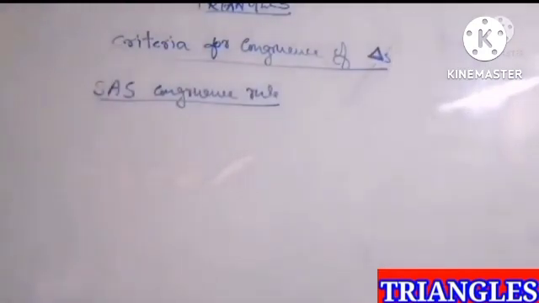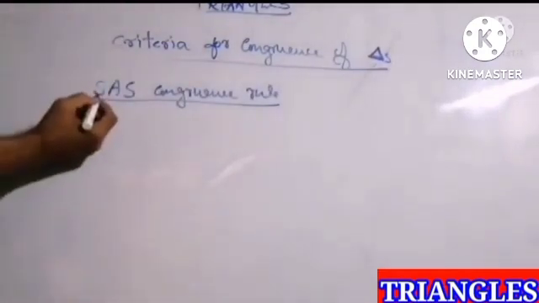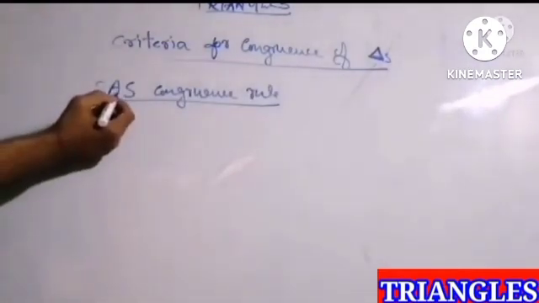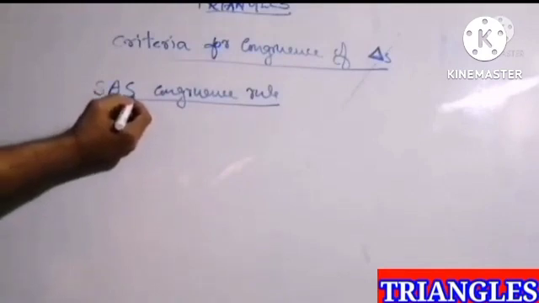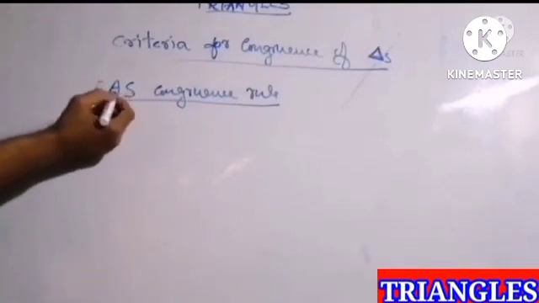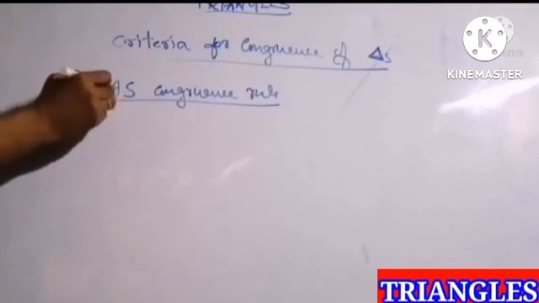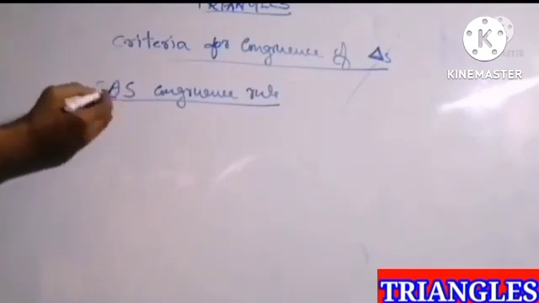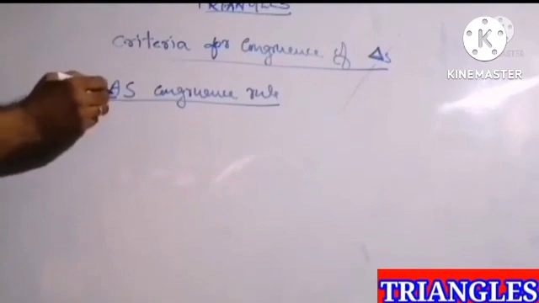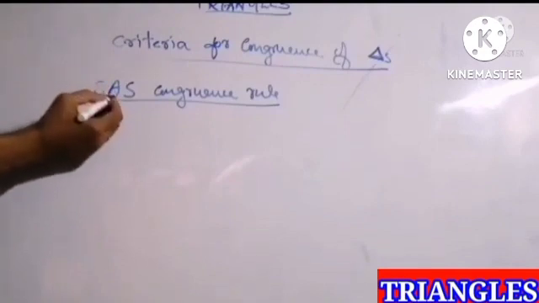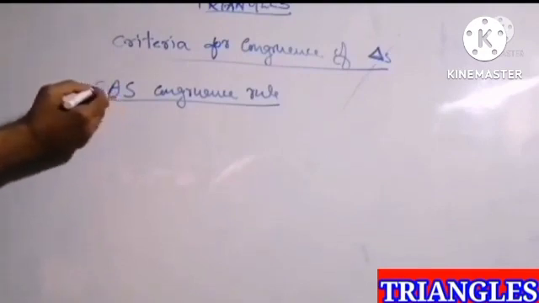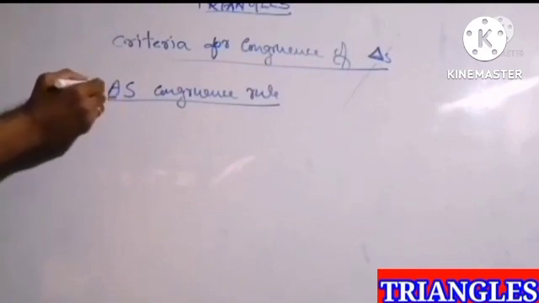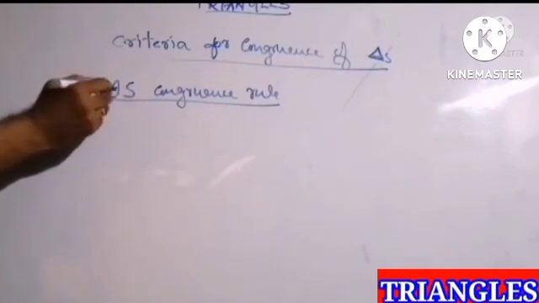SAS congruence rule. SAS. S represents side, A represents angle, again S represents side. Here 2 sides and 1 angle. See here, this angle lies between these 2 sides, and therefore this angle is called the included angle. So you can say 2 sides and the included angle.